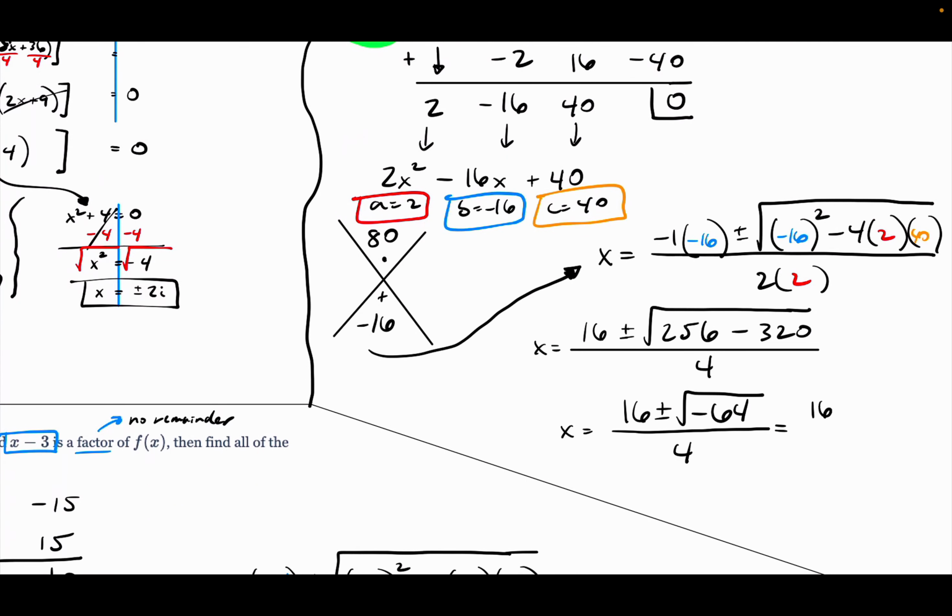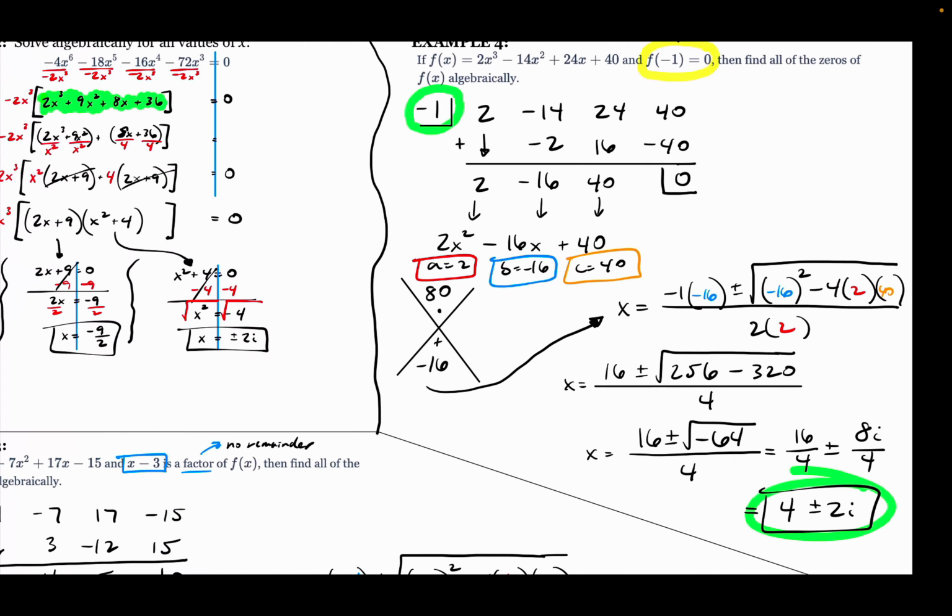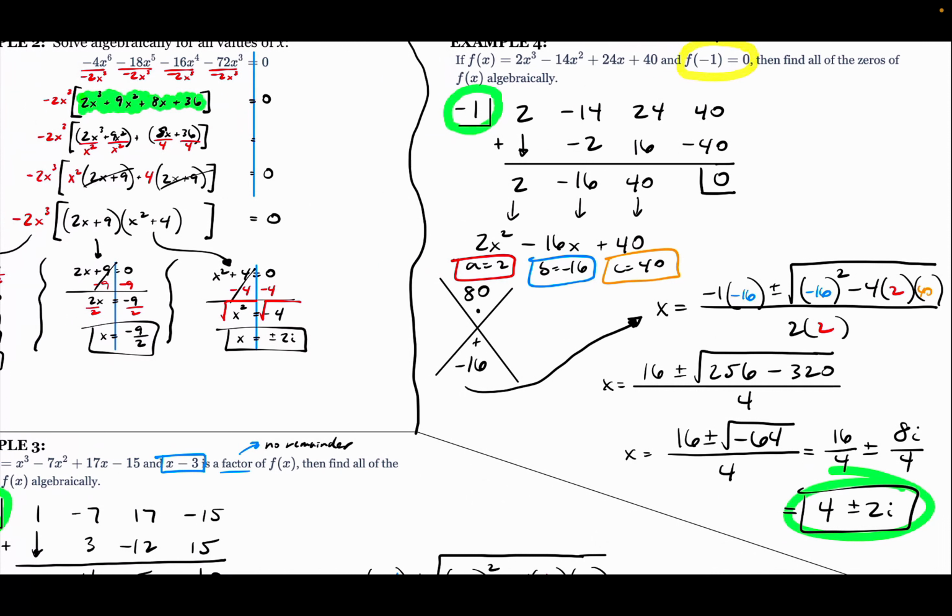So you get 16 over 4 plus or minus the square root of negative 64, which is 8i, over 4. So you're going to get 4 plus or minus 2i. And those are your last two answers. So it has one real answer, two imaginary answers.